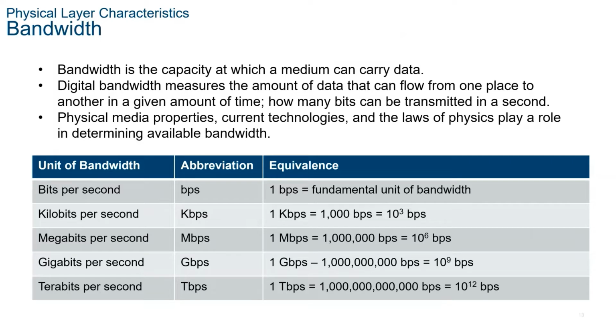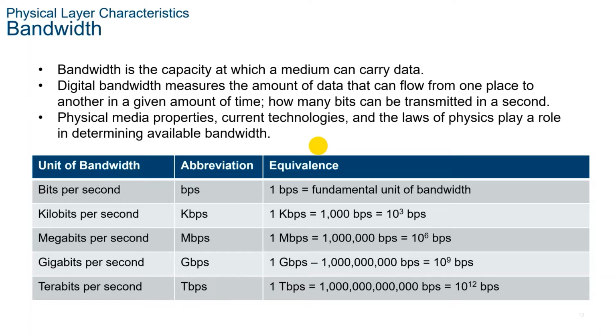Okay, so next is the physical layer characteristic, bandwidth. Maybe you have often heard the word bandwidth. What is bandwidth? Different physical media support the transfer of bits at different rates. Data transfer is usually discussed in terms of bandwidth. Bandwidth is the capacity at which a medium can carry data.